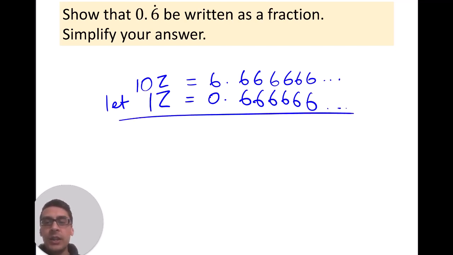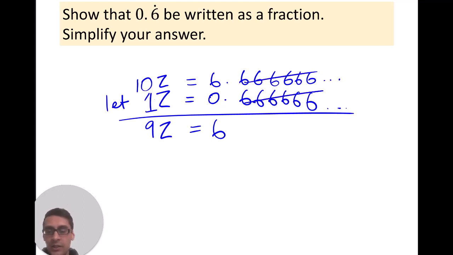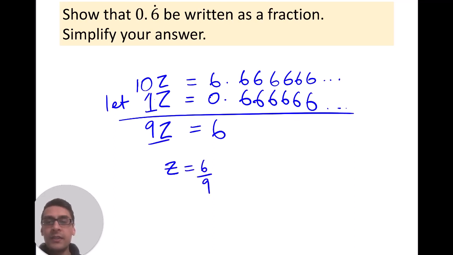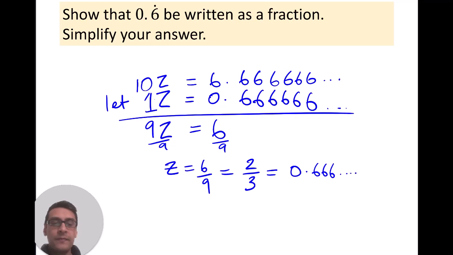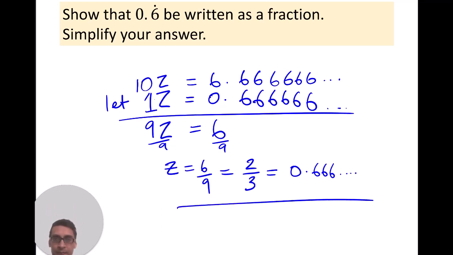So 10z take away 1z is 9z equals 6. The recurring part cancels out. So then I have z equals 6 over 9 because I've divided by 9 on both sides. 6 over 9 simplifies, if you divide it by 3, it's going to be 2/3. And so 2/3 equals 0.6 recurring. And that's your proof.